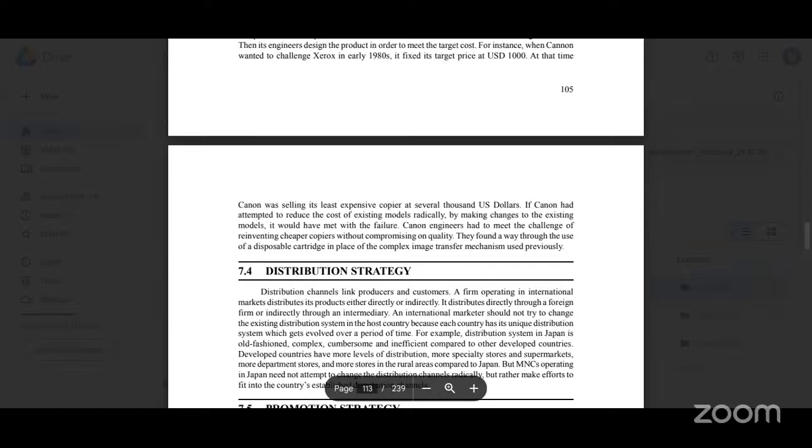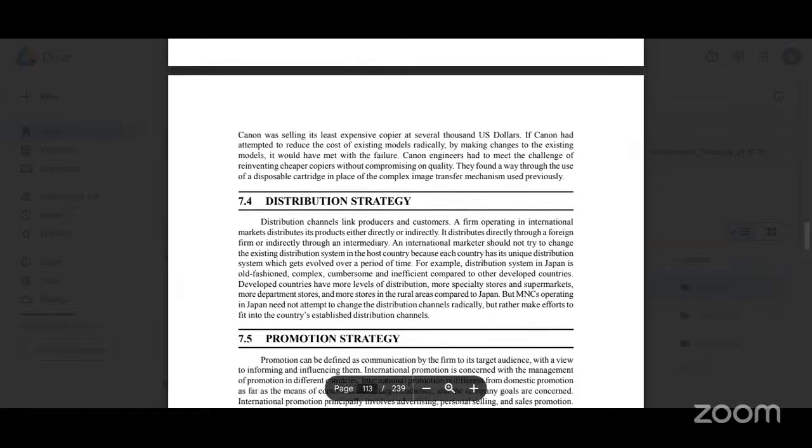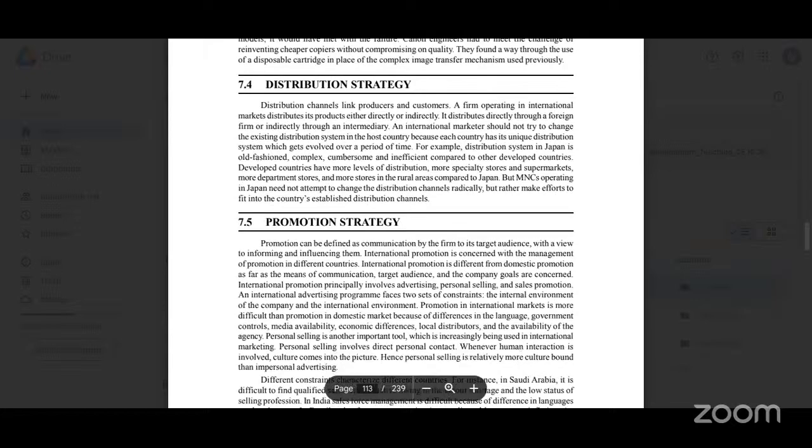So what did it do? Canon engineers decided to reinvent cheaper copiers without compromising on quality. And they found it by using a disposable cartridge in place of the complex image transfer mechanism that they had used previously. So this was technology which will help the company, that is Canon, bring down its price in competition with that of Xerox.